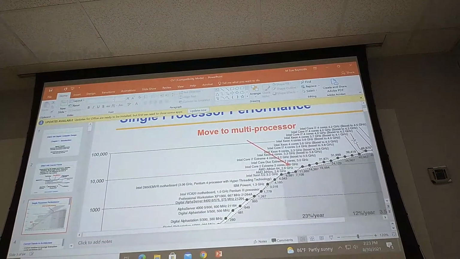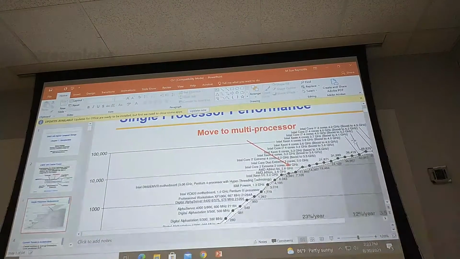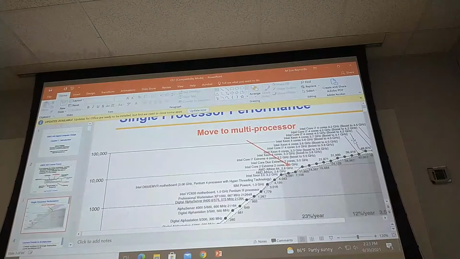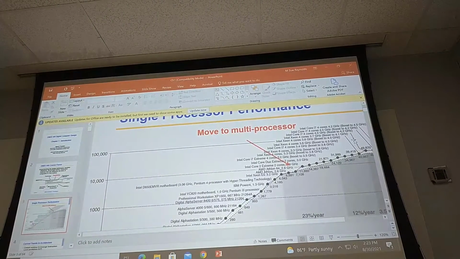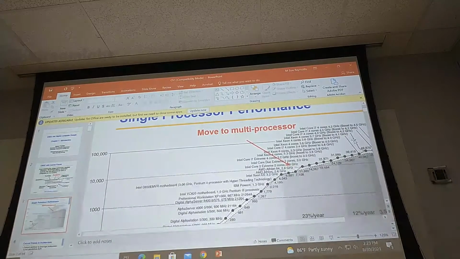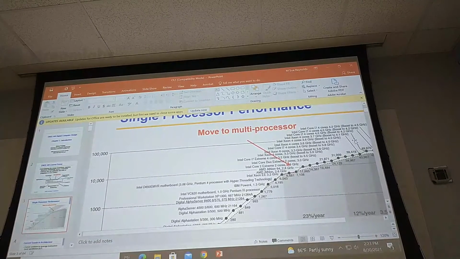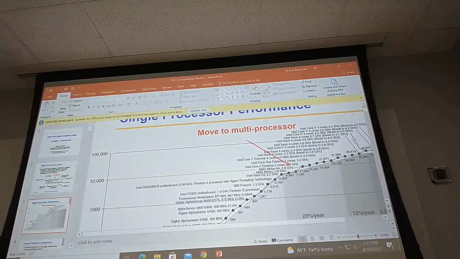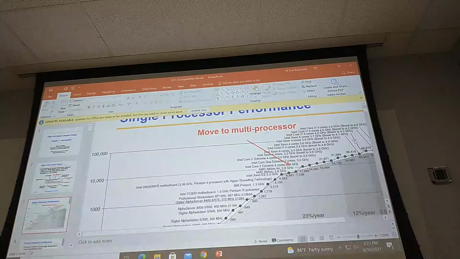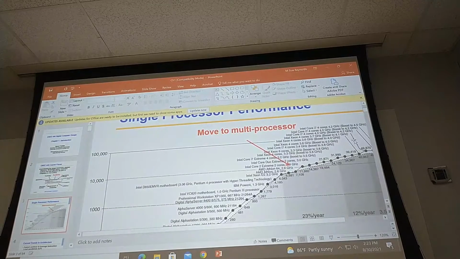Why are we talking about this? That is because when a company is trying to make a new processor, it takes some amount of time. If you start a new design, it takes about 2 to 4 years.